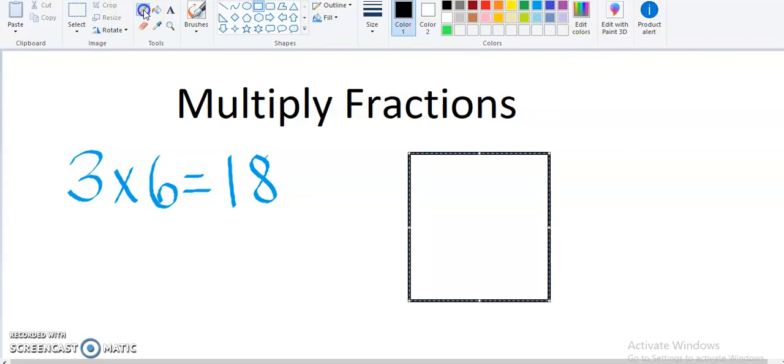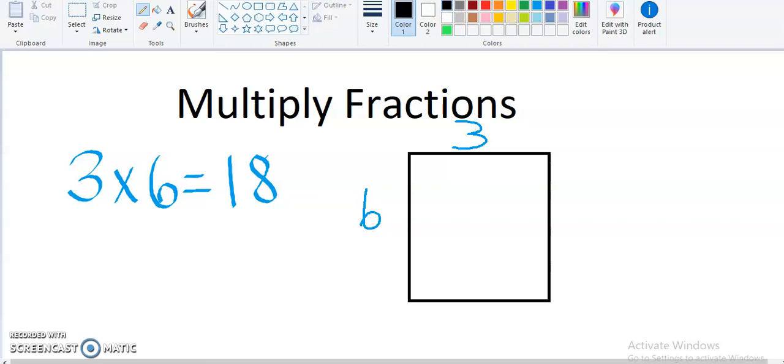And let me switch over to a pencil. And let's see if I can grab the right color. Okay, so the length of the top is 3 units long. And the length of the side is 6 units long.